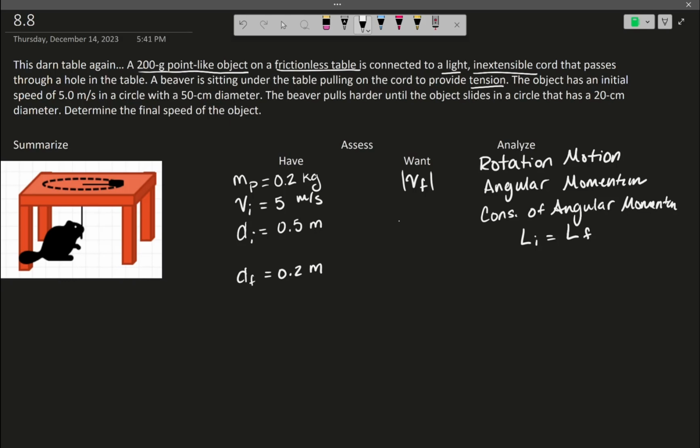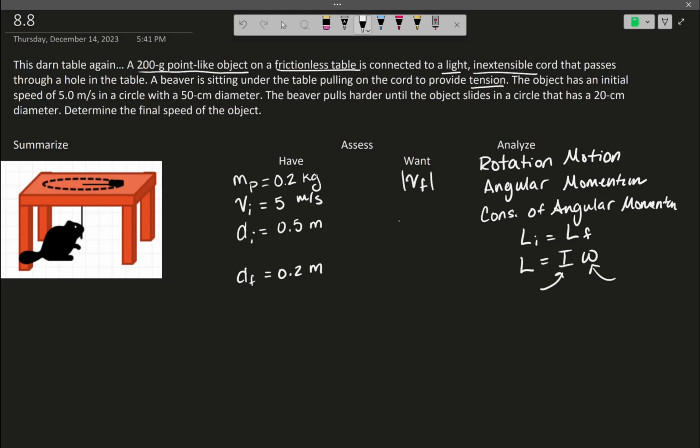So I'm going to come over here and write down my conservation of angular momentum, recalling that angular momentum is equal to your moment of inertia times your rotational velocity. So there are two things here that I don't have. I don't have my moment of inertia and I don't have angular velocity.